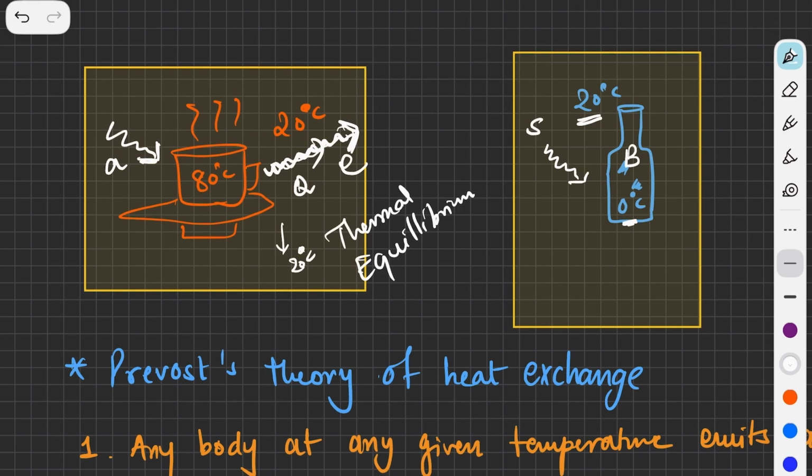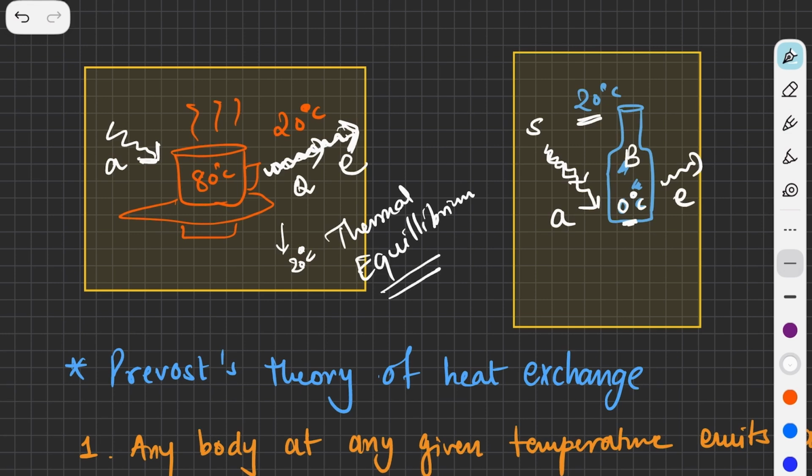But Prevost theory says that even though this is at 0 degrees Celsius, it is still absorbing as well as emitting. So it is also emitting radiation and it is also absorbing radiation. But the rate of emission and rate of absorption may be different. And this rate of absorption and emission will become equal only when they are in thermal equilibrium.